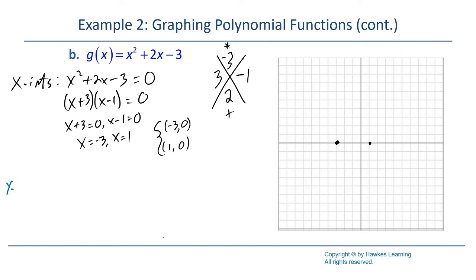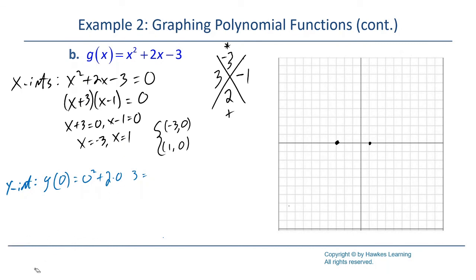Now the y-intercept I'm going to use a different color for. And again, to get the y-intercept, it's a lot easier. You just plug in x is 0. So that gets me 0 squared plus 2 times 0 minus 3.